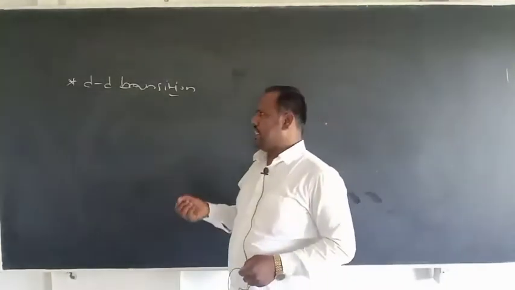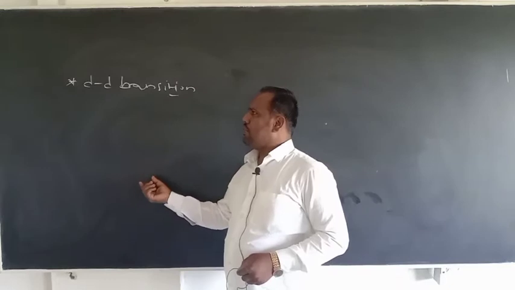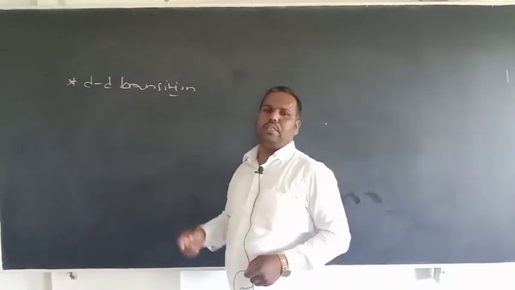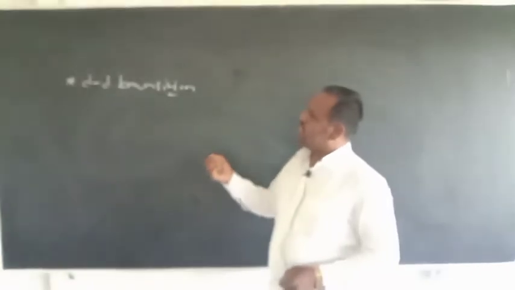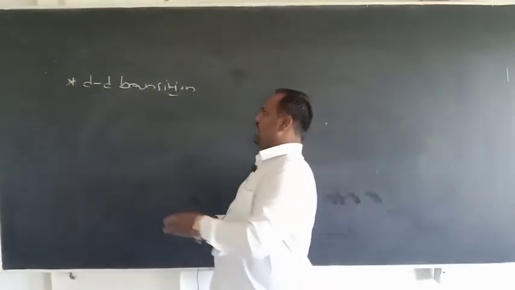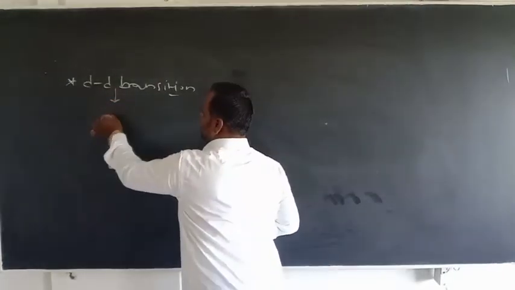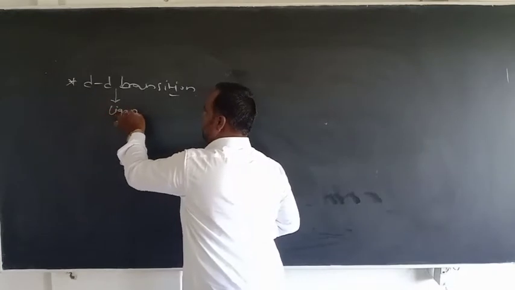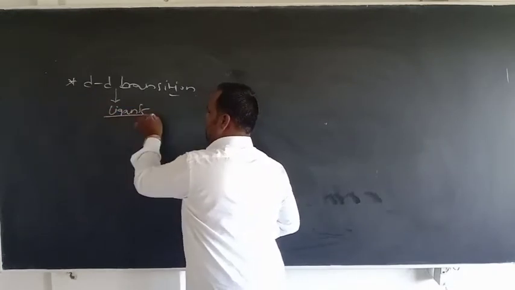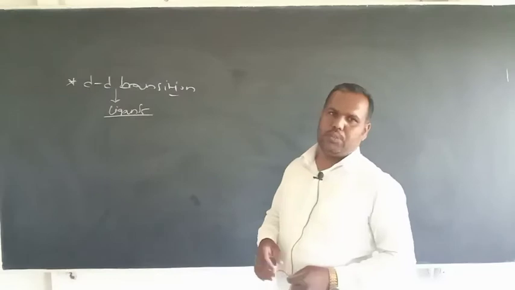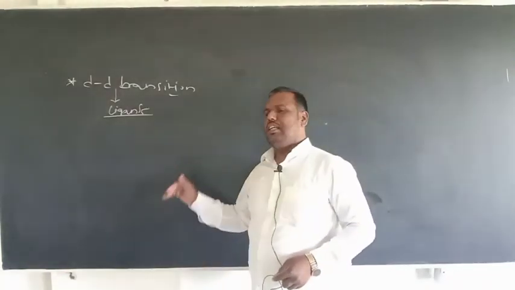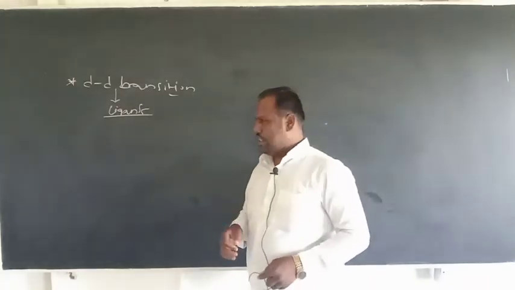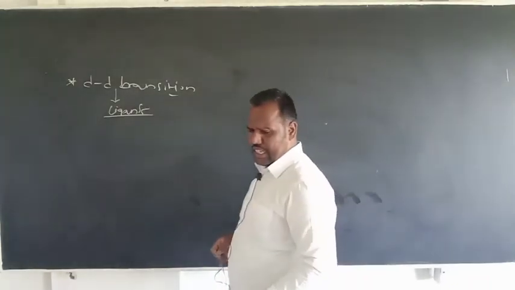The transfer of an electron from the lower energy T2g orbital to the higher energy Eg orbital is considered a DD transition. For DD transitions we require ligands, because these ligands split the d orbitals into two sets. So the ligand is very important.